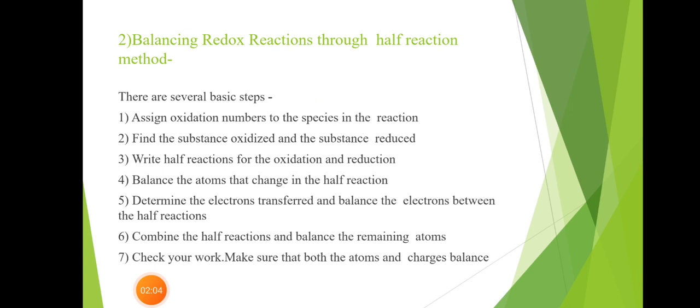Fourth, balance the atoms that change in the half reactions. Fifth step, determine the electrons transferred and balance the electrons between the half reactions. Next, combine the half reactions and balance the remaining atoms.